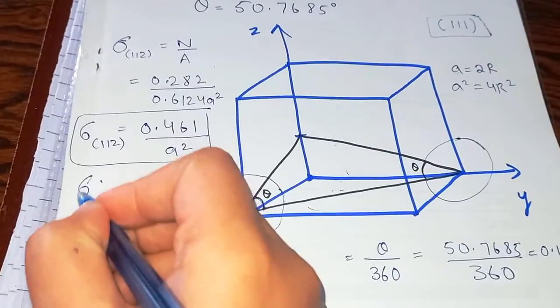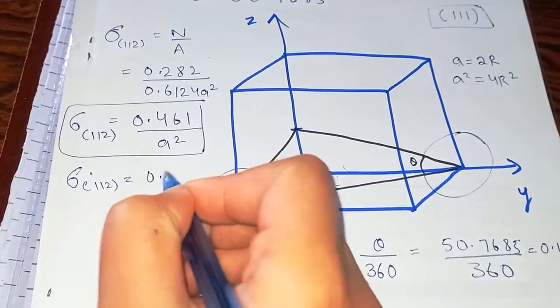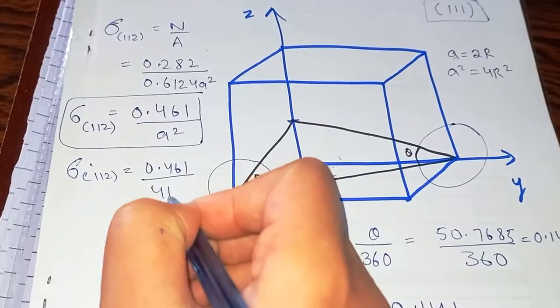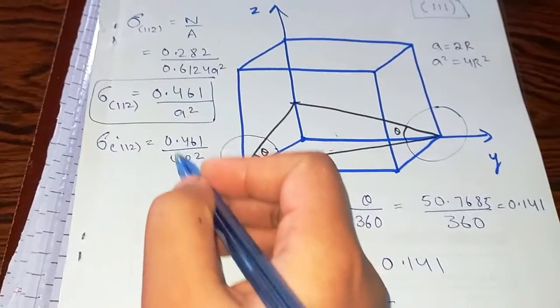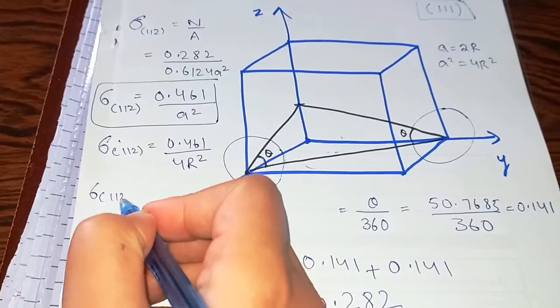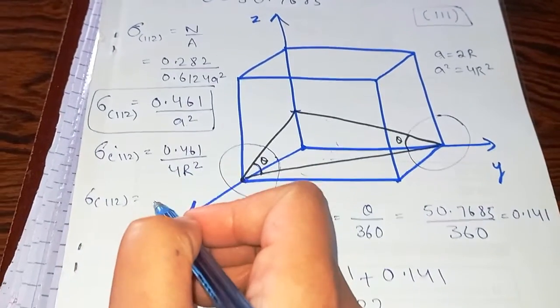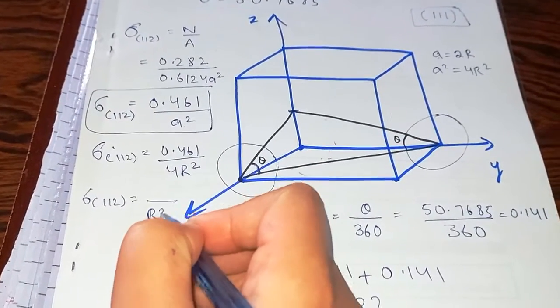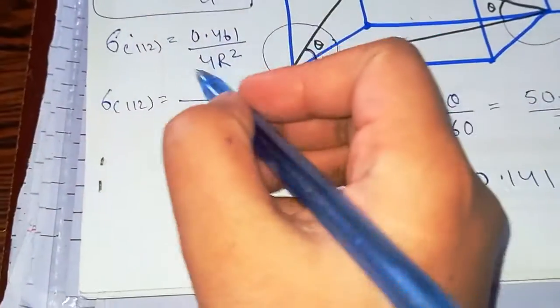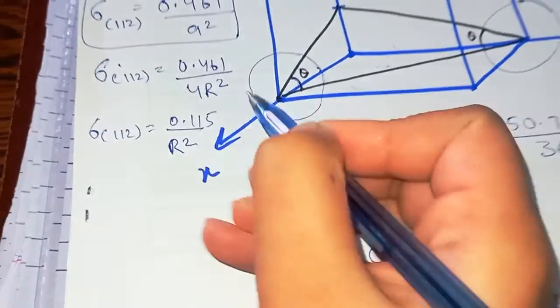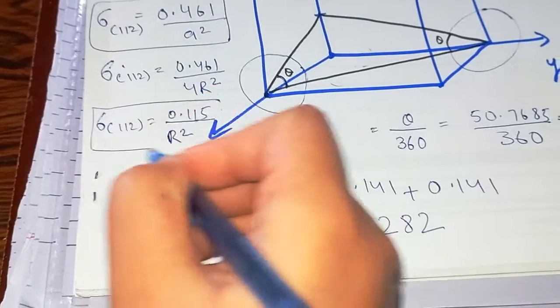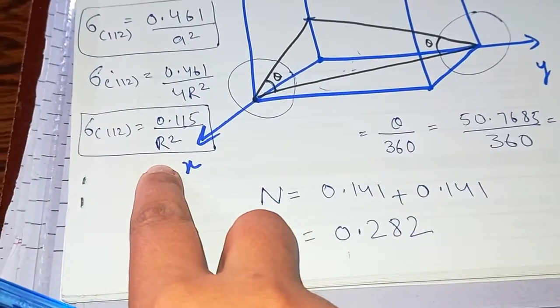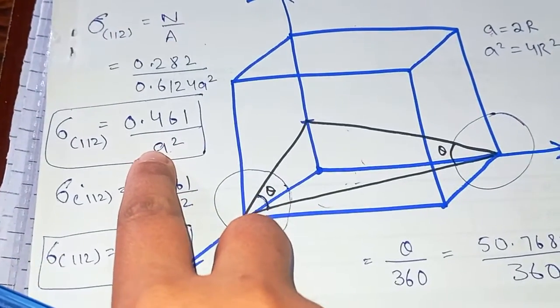So we can simply put here 0.461 divided by 4r square, and we can even simplify it. Let me calculate 0.461 divided by 4 to get the simplified form. It's 0.115. So this is the planar density in terms of radius of the atom, and this is the planar density in terms of lattice parameter.